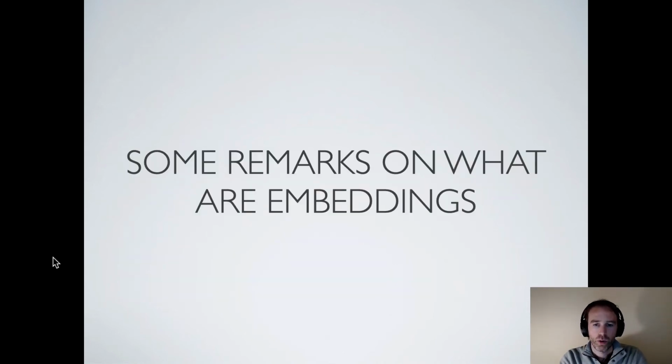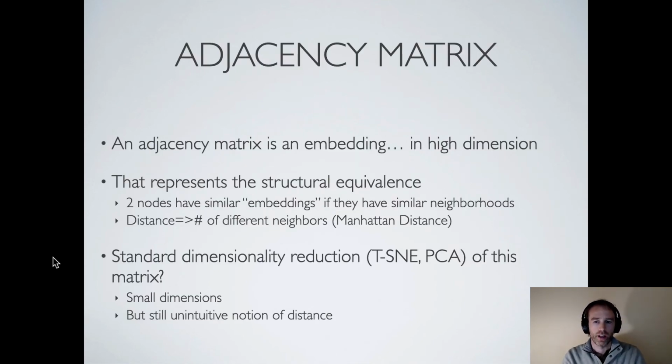Let's now say a few words about what embeddings actually are. We can remark that an adjacency matrix could also be considered as an embedding, but in high dimension. If you take one row of an adjacency matrix, it's a vector.